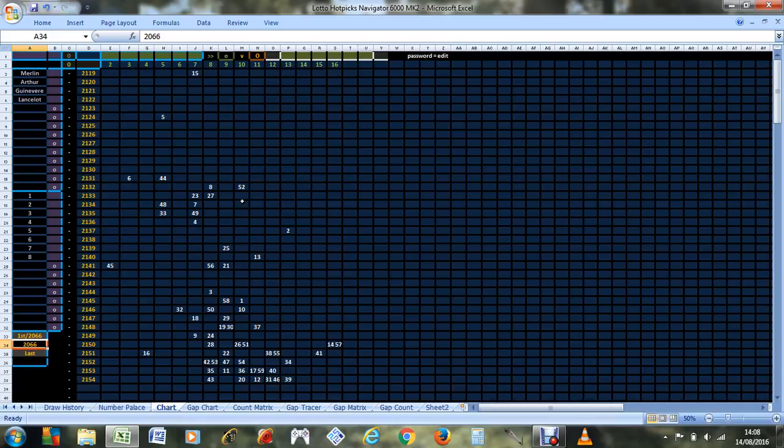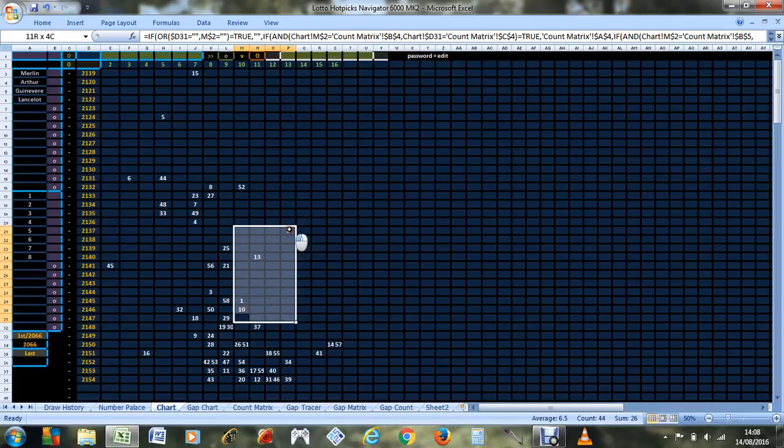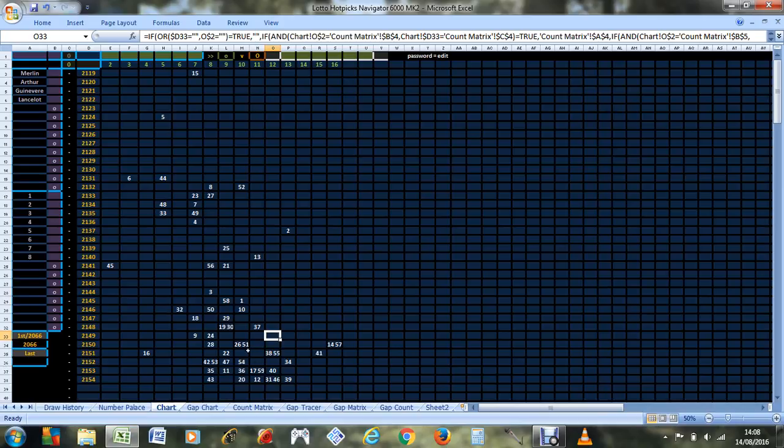So what you're looking for on this chart is anything anomalous. For instance, here you can see a lot of low numbers in this region, or maybe a lot of high numbers, multiples of 5, multiples of 3, or whatever.